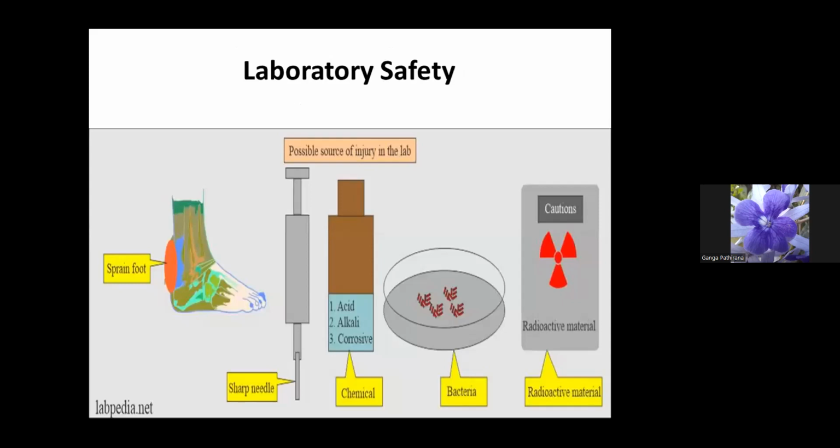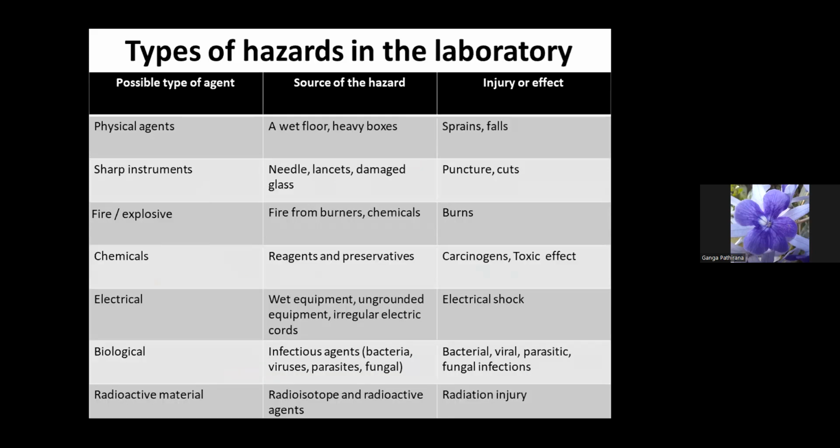What are the possible sources of injury in the laboratory? Physical agents, sharp needles, chemicals, bacteria, and radioactive materials are the main possible sources of injury. When we take physical agents, wet floors and heavy boxes can cause injuries like sprains and falls.